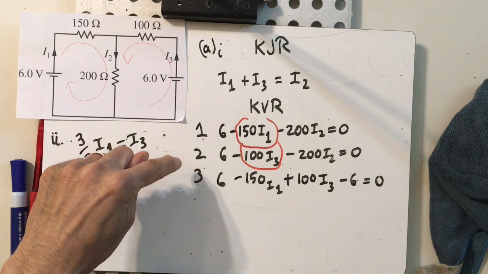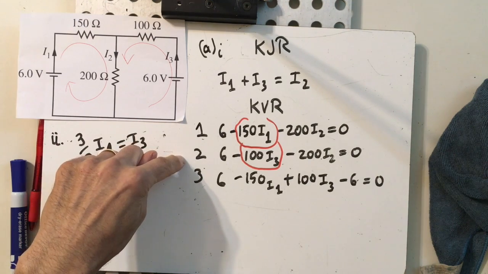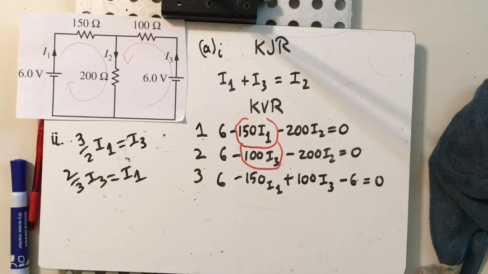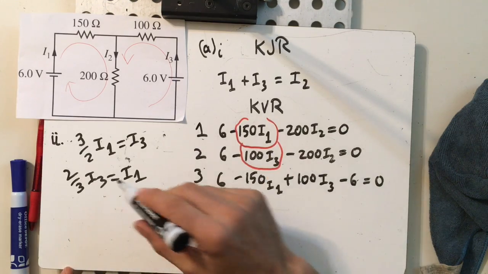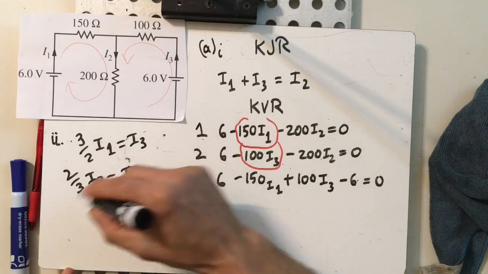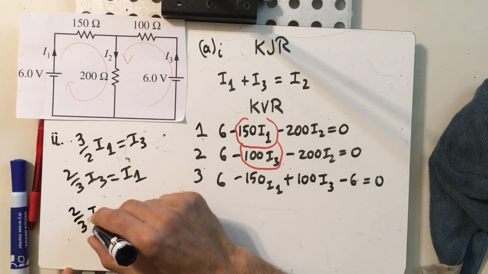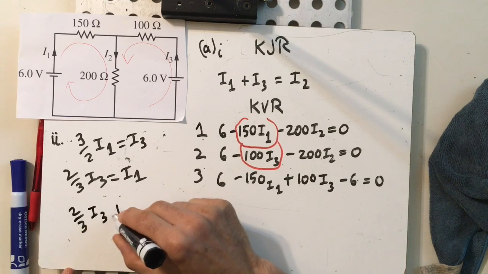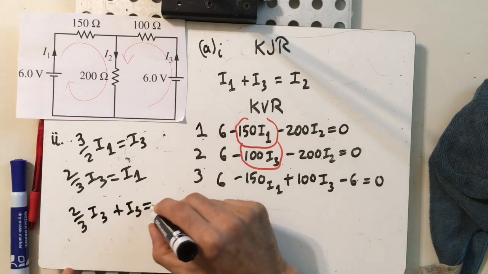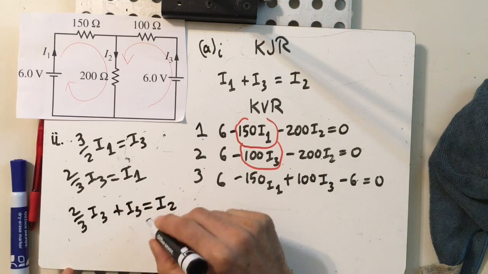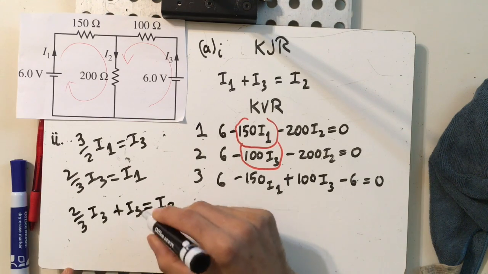And I can use that in this equation to solve for I2. So 2/3 I3 equals I1. That means that 2/3 I3 plus I3 equals I2. 5/3 I3 equals I2.